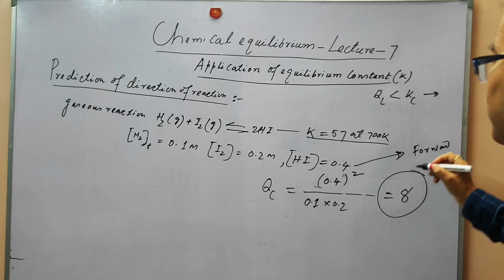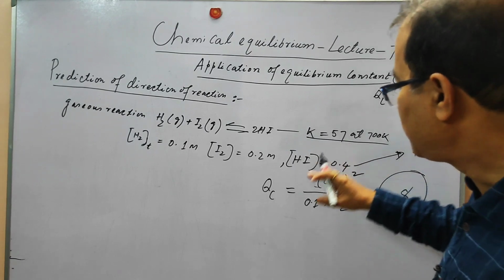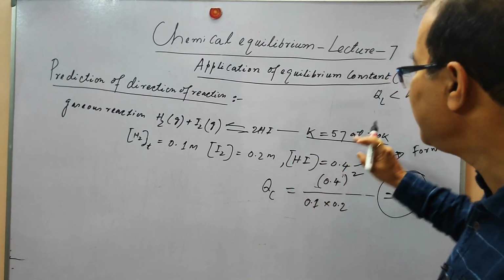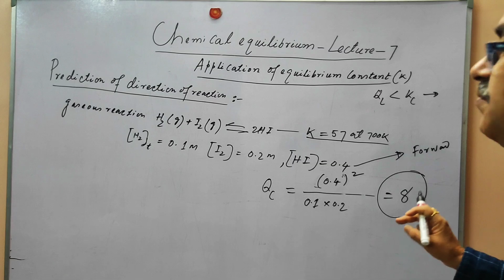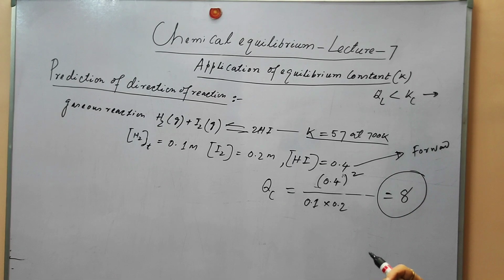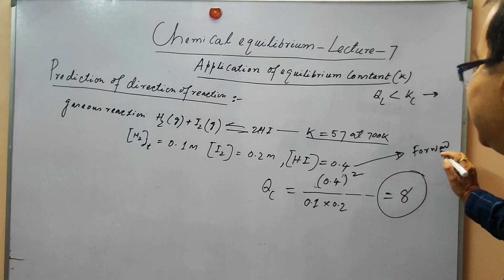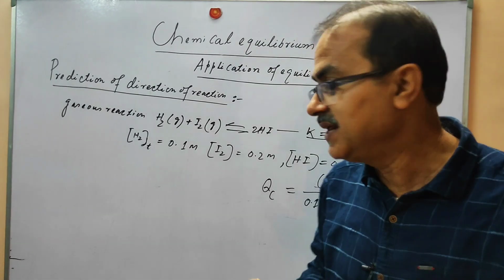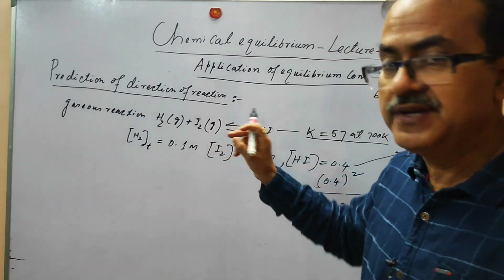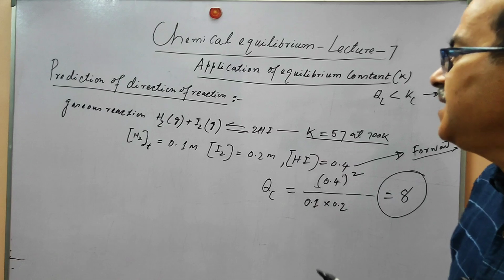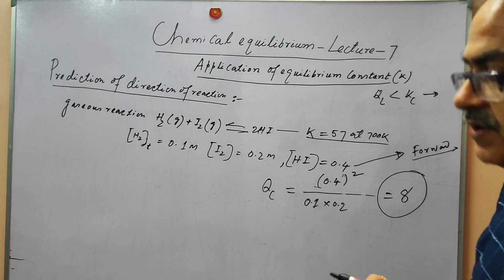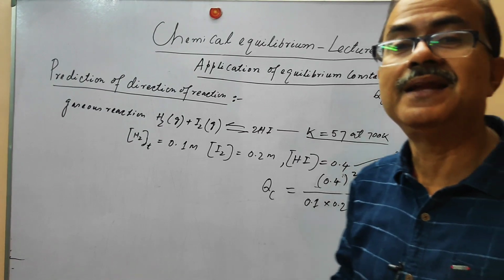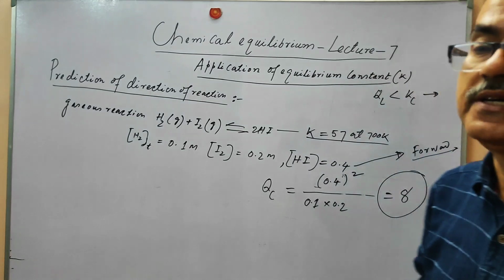It is not at the equilibrium point, because if the quotient were equal to K, it would be at equilibrium, but it is in the forward direction. The H2 and I2 will react with each other and give HI. That is how we can understand the direction of the reaction.